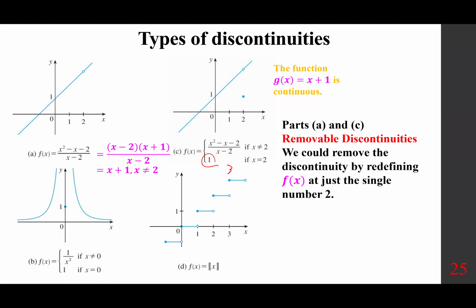However, if you look at these two cases, this is called an infinite discontinuity or vertical asymptote. This is called a jump, and there's nothing we can do to fix it. So those are the types of discontinuity: removable discontinuity, jump, vertical asymptote, or infinite discontinuity. Those are the types that we have.